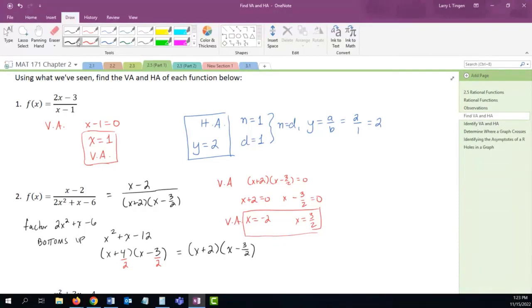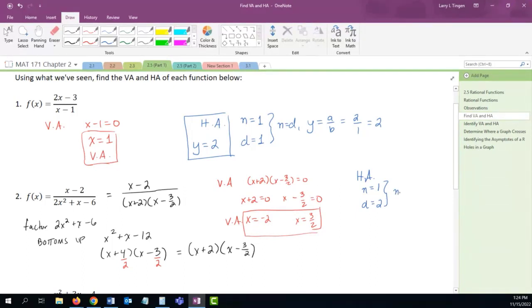Okay. How about the horizontal asymptote? Well, go back to the original problem, and you'll see that the degree of the numerator is 1, the degree of the denominator is 2. And what happens in that case?